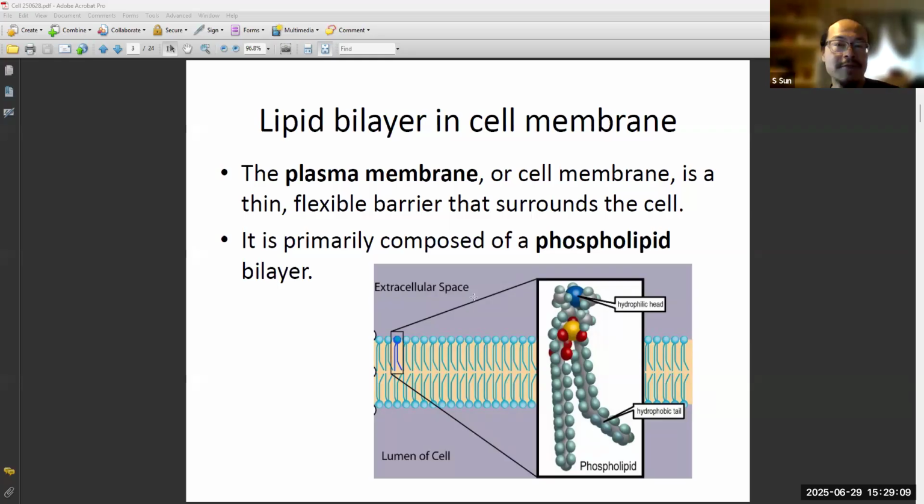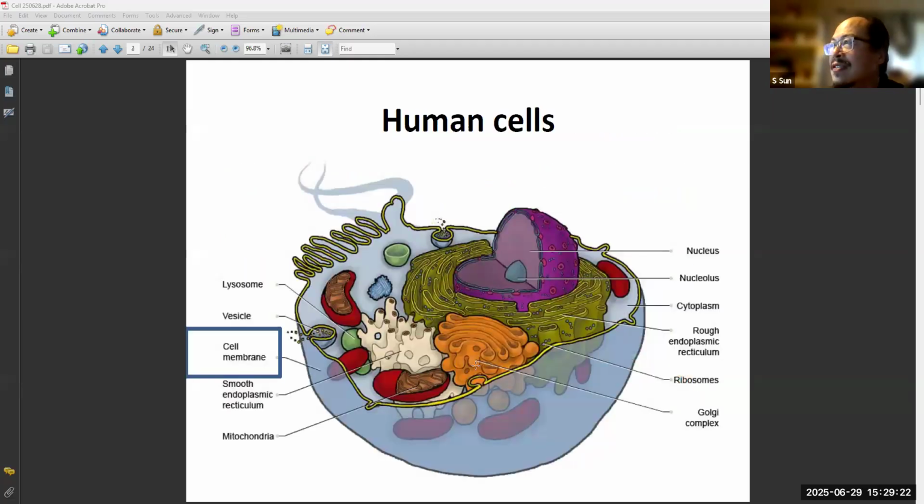The major component of the cell membrane is the phospholipid. Now, cell membrane is a terminology to describe any membrane inside of the cell. You can see that you have the membrane forming the border of the cell. You also have membranes forming the border of different organelles. All of these membranes are called cell membrane, and they are all made by the same material, the phospholipid.